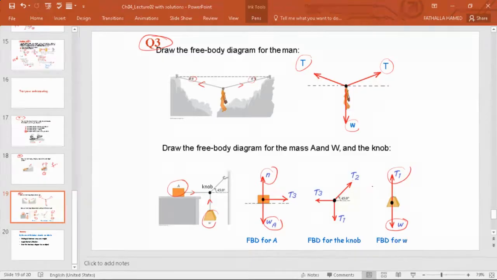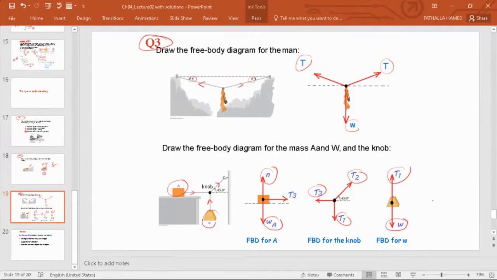Now, these 2 ropes, 3 and 1, are basically tied to this point, and they are tied by another rope here. That's why we have here the rope pulling that way, T2, T3, and T1. So we get a relation between these 3 tensions, and T3 is applied on A, and T1 is applied on W, and that's how you identify the different forces on the different objects.